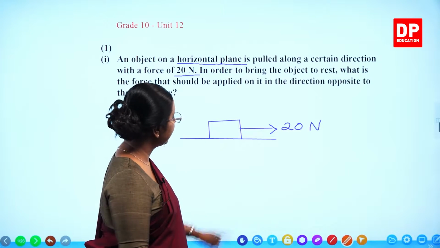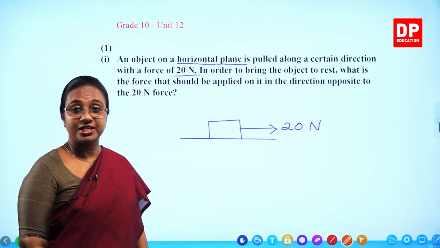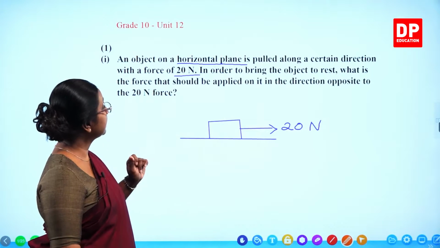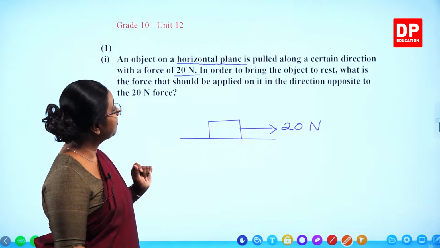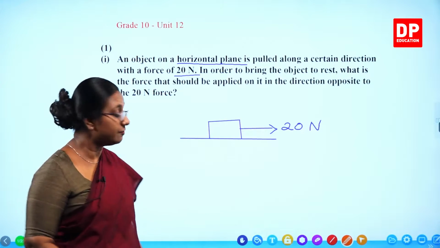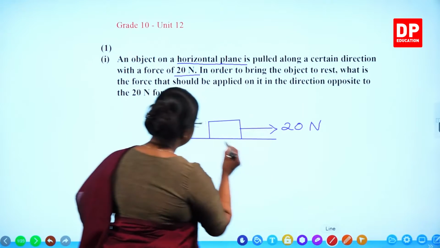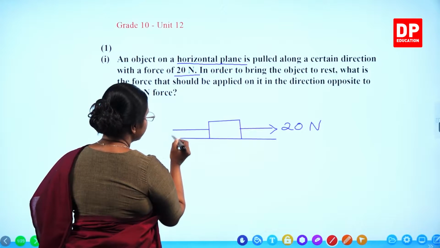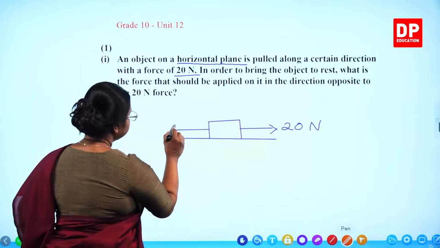It says a certain direction, so we will consider that direction as this. And they say the force that should be applied on it in the direction opposite to the 20 Newton force. So what should be the opposite force? It has to be in this opposite direction.